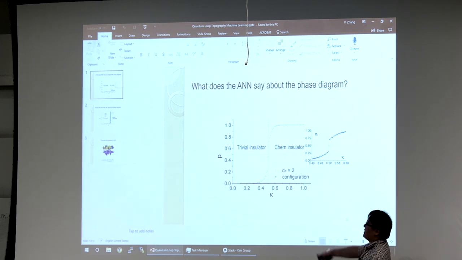So if you train on the electron configuration of this phase transition, that's the output. It says this is almost zero everywhere, and it's somewhere here for the change.